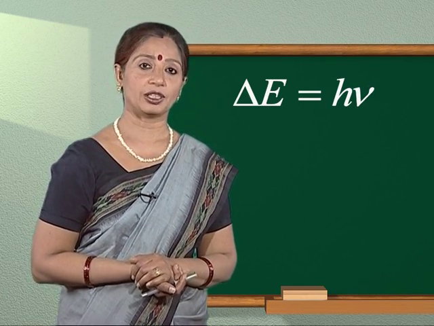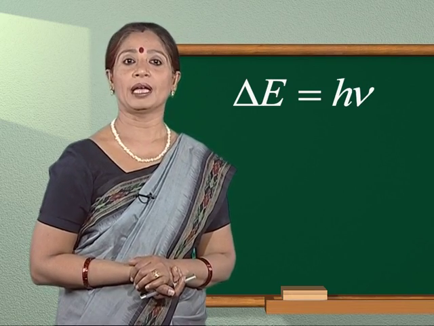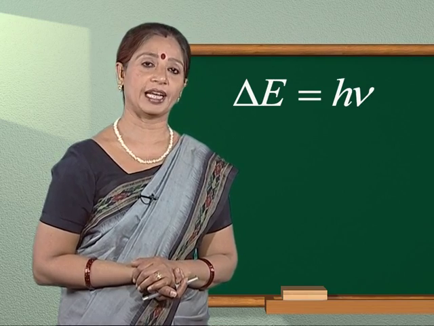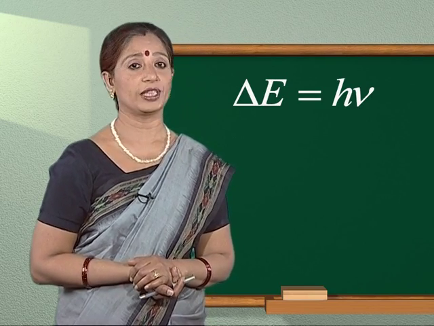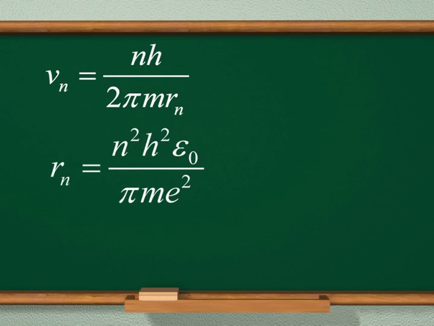If an electron of mass m, charge e, moves in nth orbit of radius rn with speed vn, then vn is equal to n into h upon 2 pi m rn and rn is equal to n square into h square into epsilon naught divided by pi into m into e square.